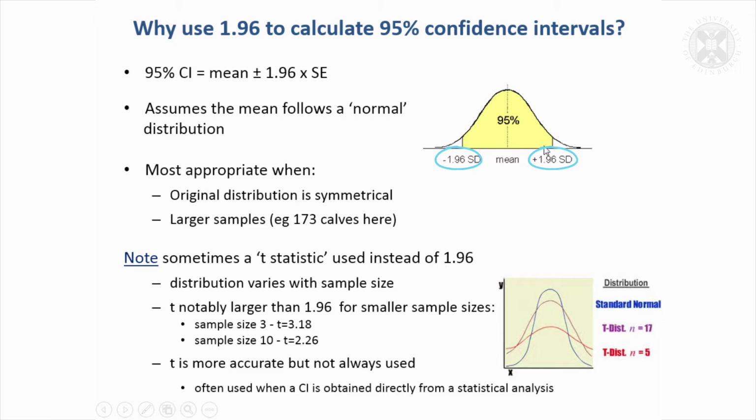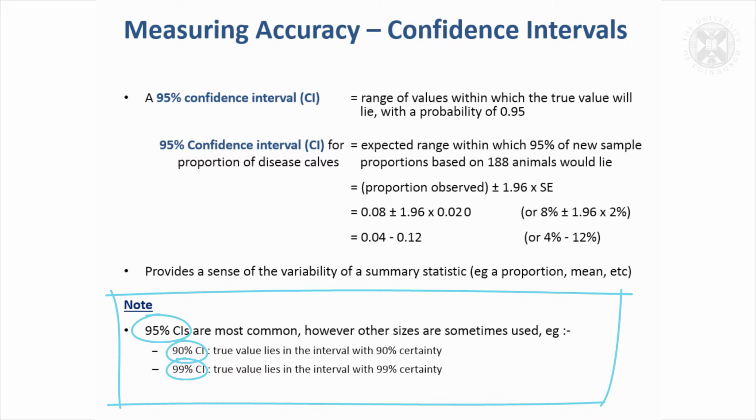So for 99%, you would move these a bit to the side to the point where 99% of the means would lie within that region. But more often than not, the convention is to use 95% confidence intervals, and this helps tie in with statistical testing as well, so there's that advantage.